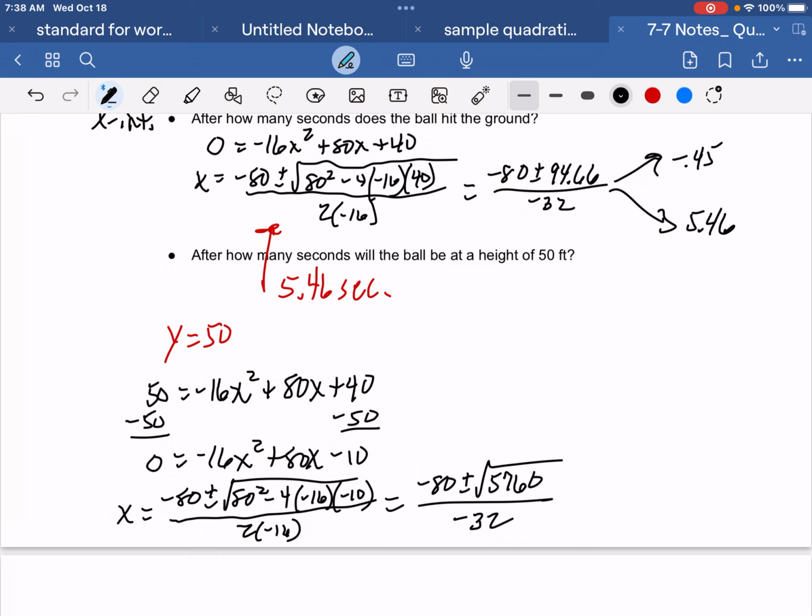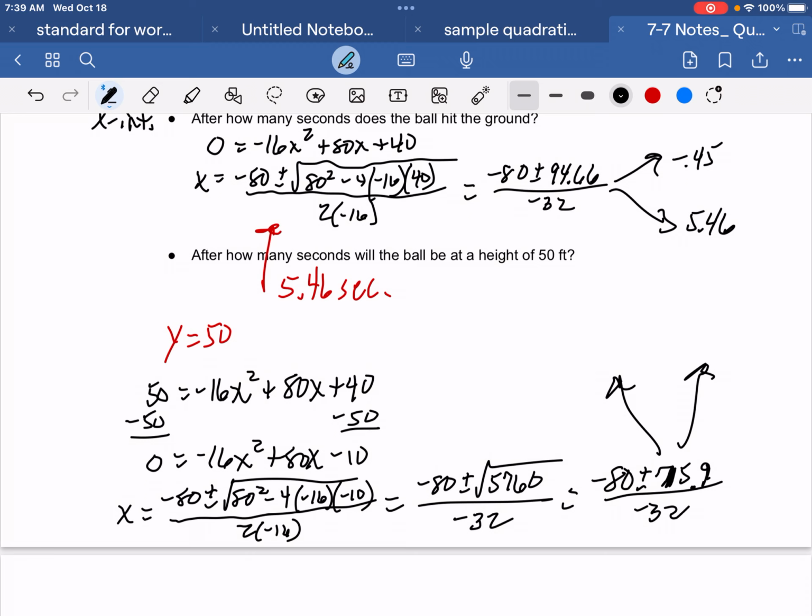The square root of that is 75.9. So now I have negative 80 plus minus 75.9, sorry about that, 75.9 over negative 32. So we're going to get two answers.